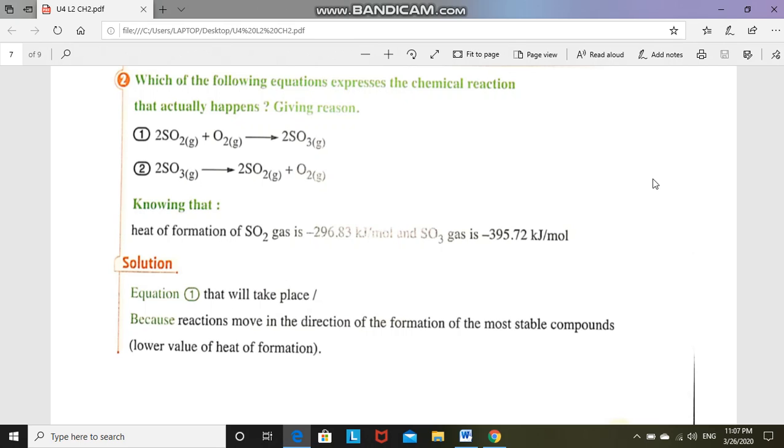Sulfur trioxide gas comes in the forward direction, as it is in the stable state. So the first equation, sulfur dioxide plus oxygen gas forming sulfur trioxide, is the true equation, the one that actually happens in nature due to the heat of formation.